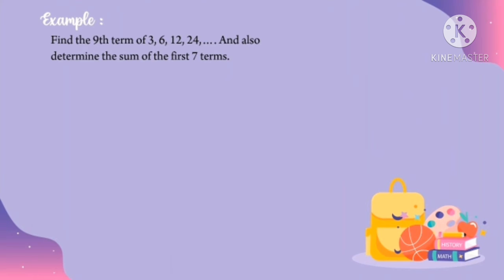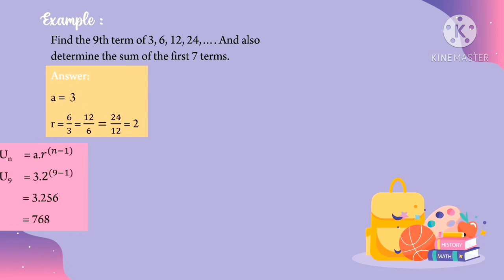Example, find the ninth term of 3, 6, 12, 24, and so on, and also determine the sum of the first 7 terms. The answer: a equals 3, r equals 2.